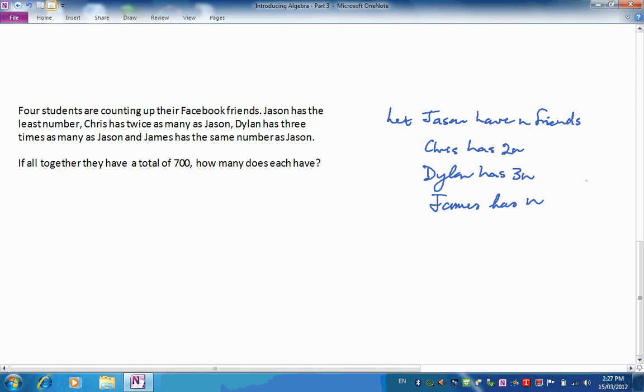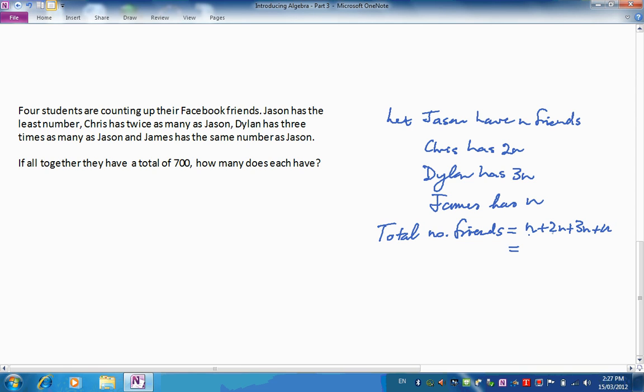So if N is the same number everywhere that we've used it, what is the total number of friends they all have together? It is N plus 2N plus 3N plus N. So how many N's have we got there?